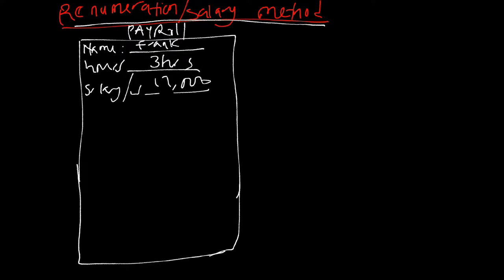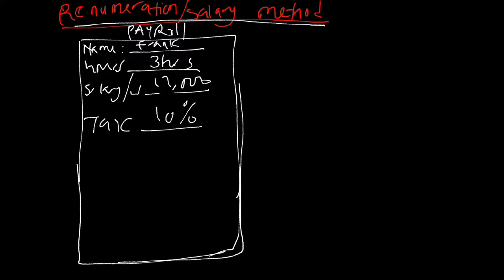So what is this payroll showing in essence? It's showing us information of our worker. Maybe tax again, tax is 10%. So this payroll is showing a summary of things pertaining to the workers or the employees in an organization.